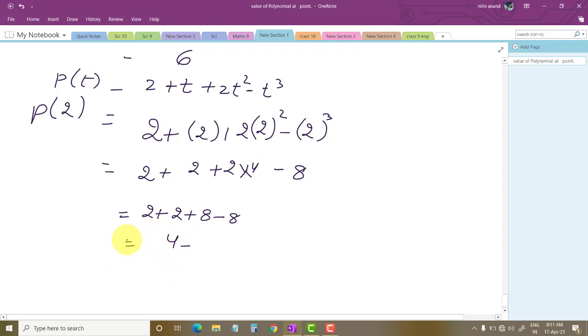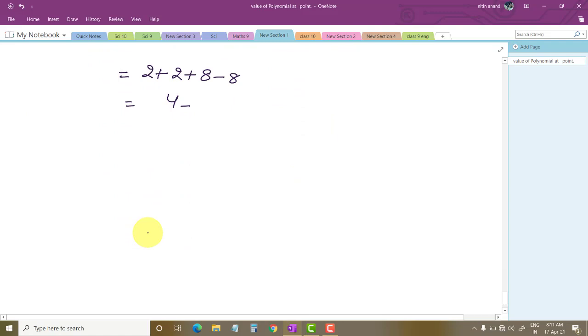Now see the next question. Question number 3 is P(x) is equal to x cube.